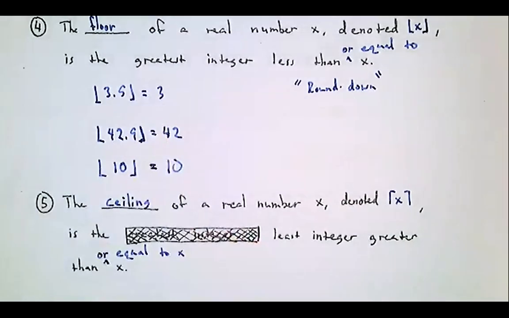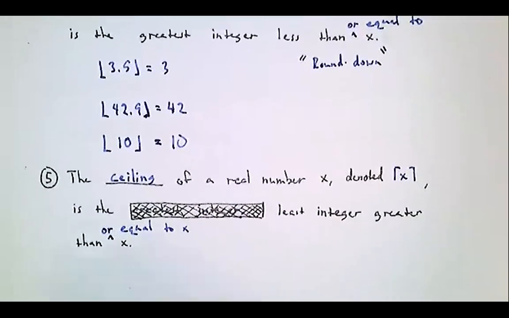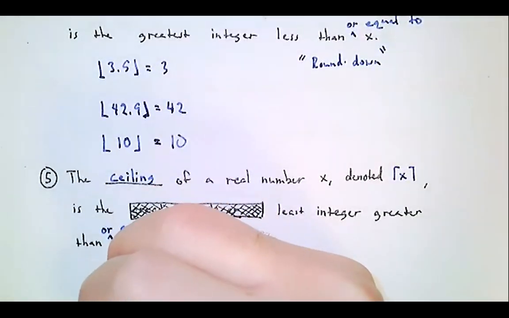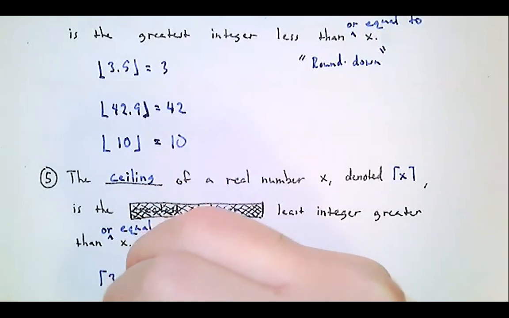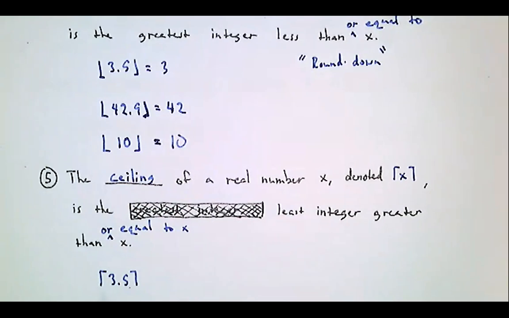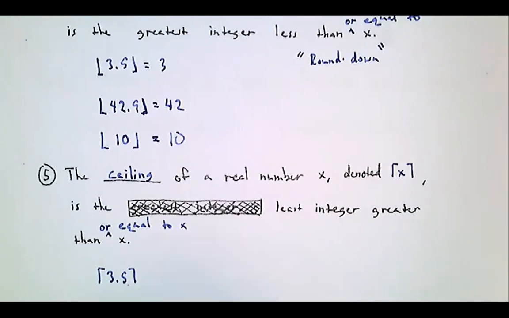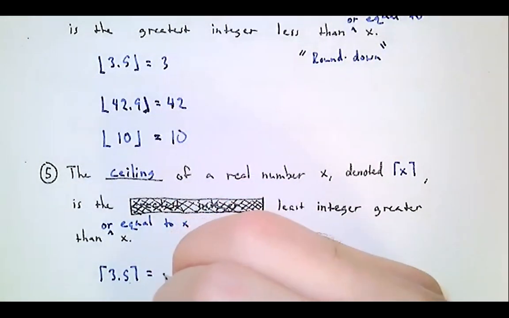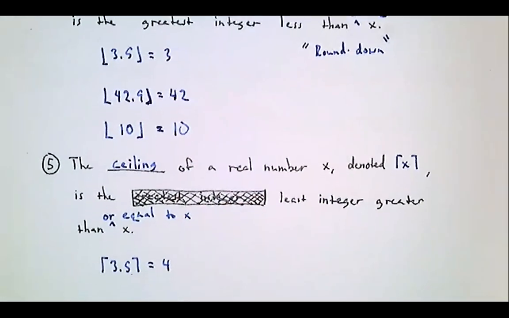So if I try some of these same numbers from before, if I took the ceiling of 3.5, we would go upwards to the least integer greater than 3.5. That would be 4.